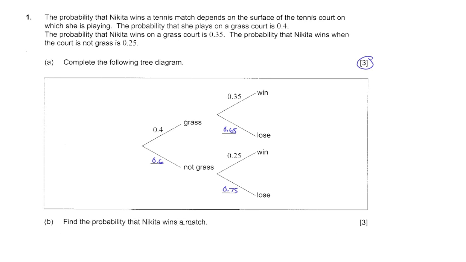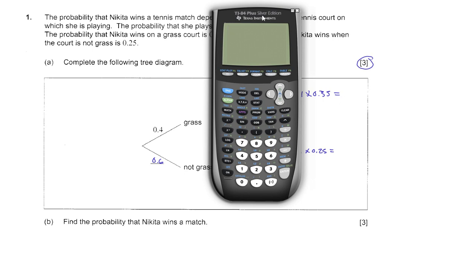Find the probability that Nikita wins a match. So that's going to be this here and this here, right? To figure out this probability here, we're going to go 0.4 times 0.35, and we'll calculate that out. And to find this one here, that's 0.6 times 0.25, and we'll calculate that one as well.